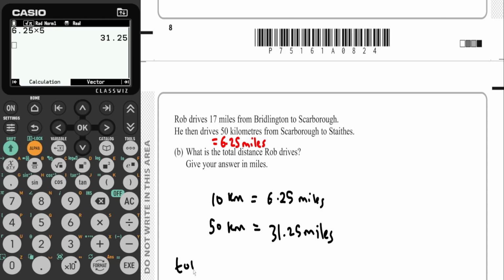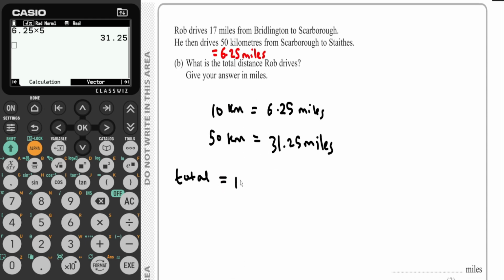So therefore, for the total, that's going to equal 17 plus 31.25. So if I add on 17, we get 48.25 miles.